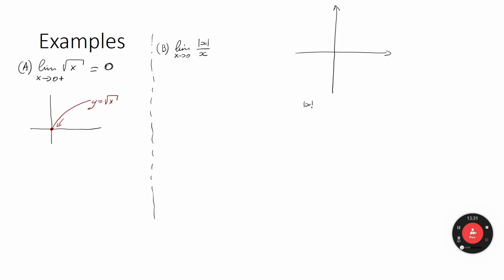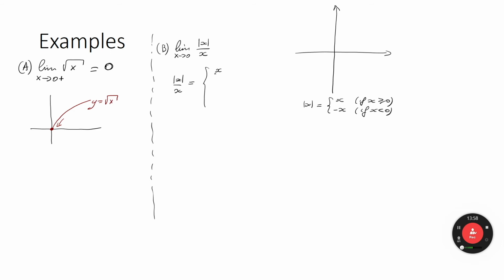So the function absolute value of x, you can also write it as just x if x is bigger than or equal to 0, and it's minus x if x is negative. And so that means that we can also write absolute value of x divided by x as a piecewise defined function.